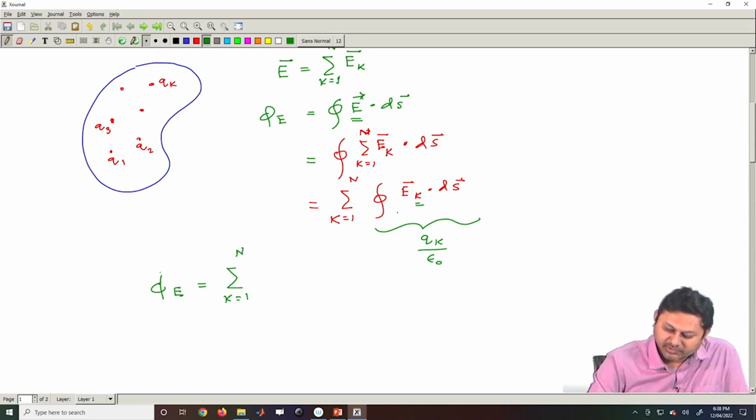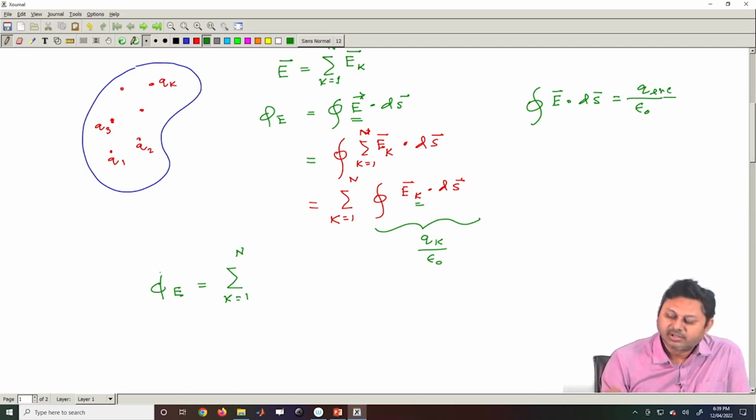We know this because of Gauss's law: the total closed surface integral of flux is equal to q divided by epsilon 0, and we write q enclosed if it is a single charge enclosed by this surface.